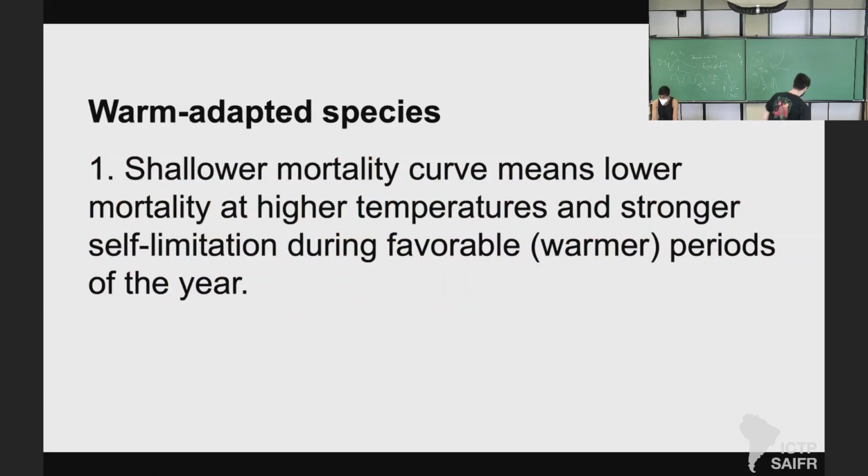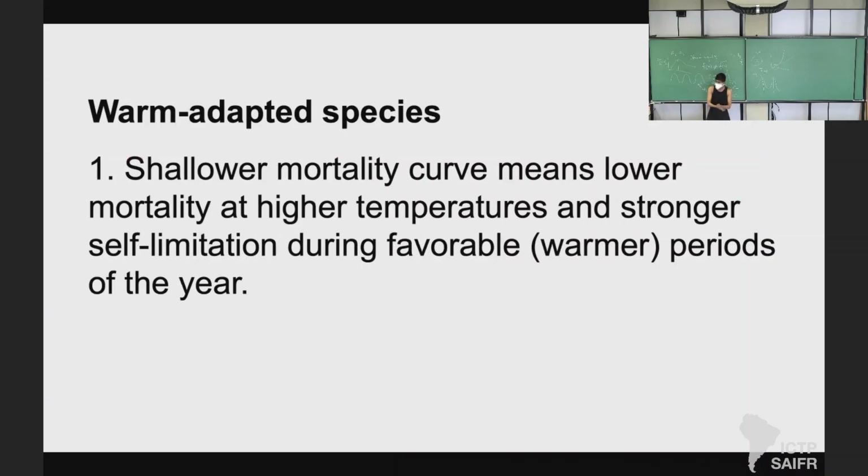So for the warm adapted species, the shallower mortality curve means lower mortality at higher temperatures. For the warm adapted species, it looks like that, right?